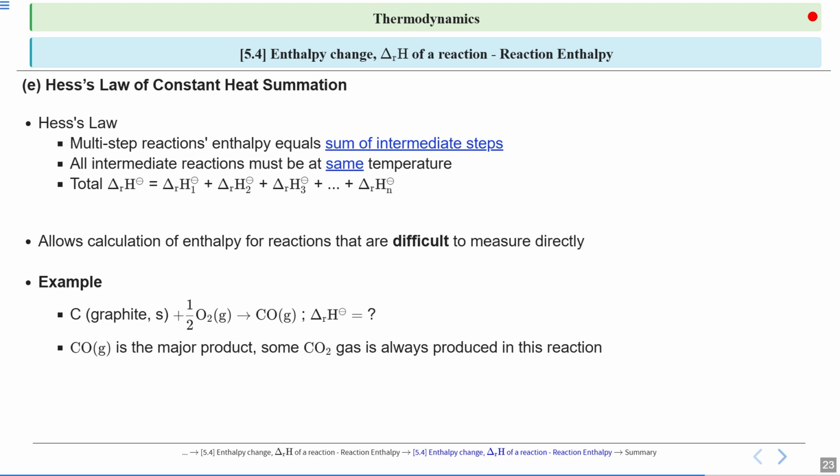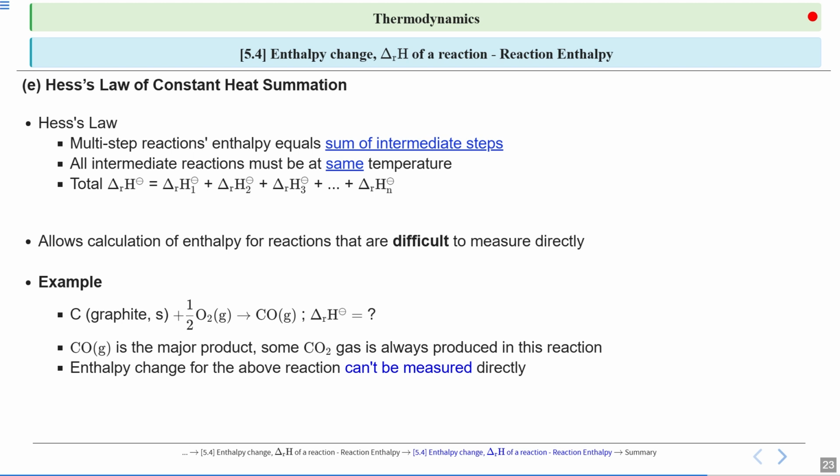Because generally, whenever you convert carbon with oxygen, you don't get carbon monoxide. You directly get carbon dioxide rather than carbon monoxide. So for this reason, we need to modify some equations so that we can get the enthalpy change for our graphite conversion to carbon monoxide.